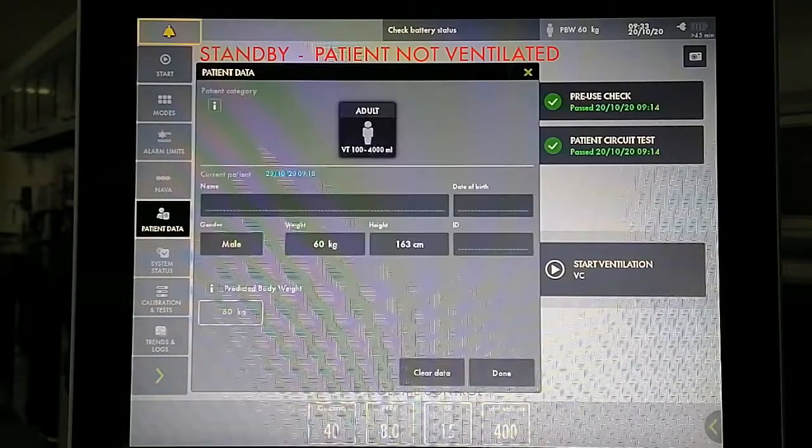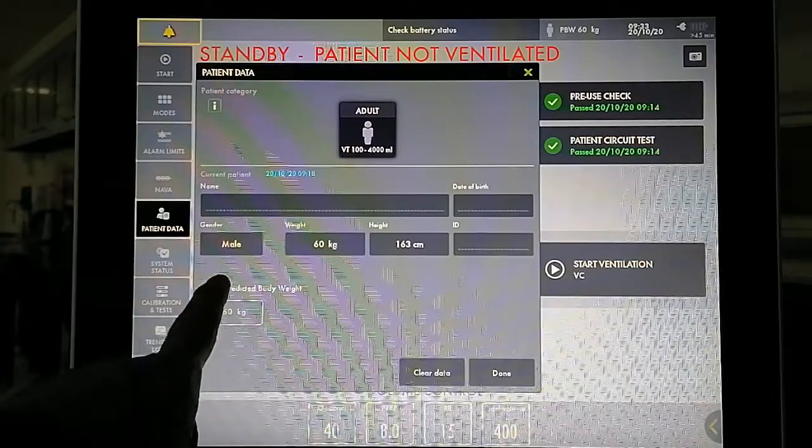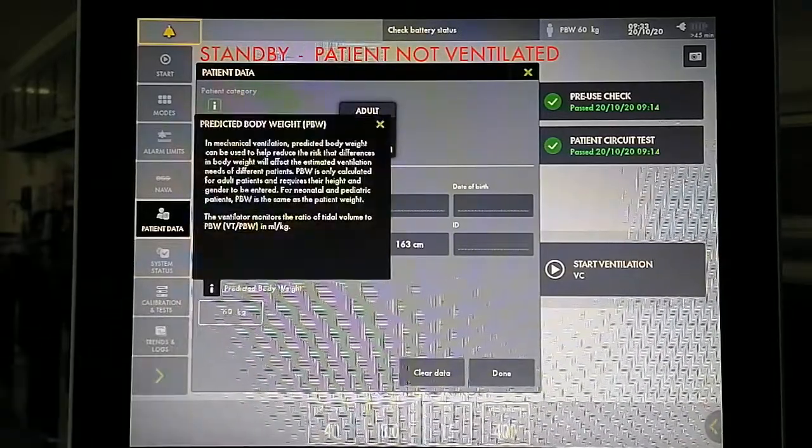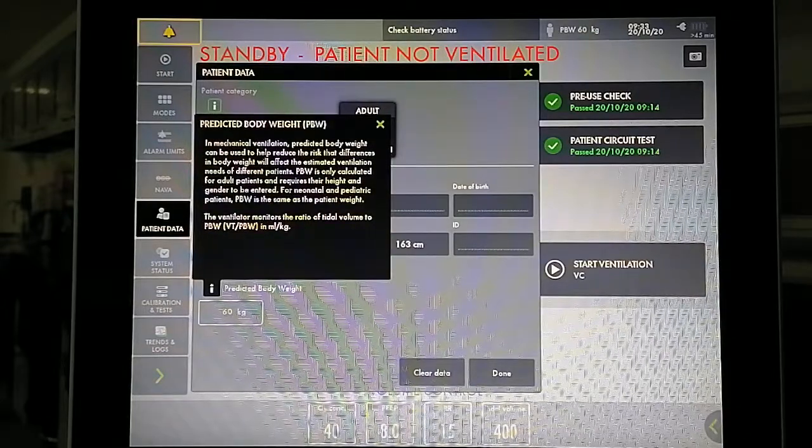When you enter those three demographics, the ventilator calculates the predicted body weight, or what we know most commonly as the ideal body weight of your patient.